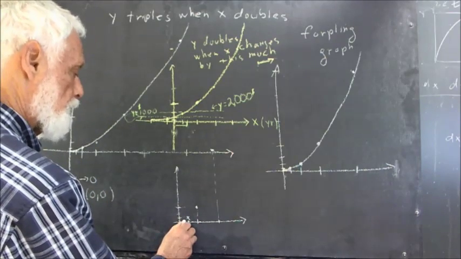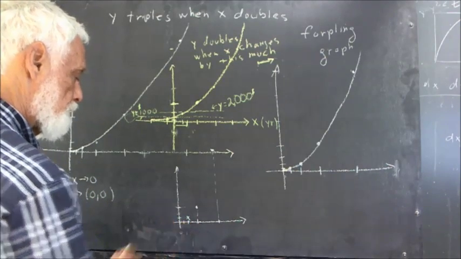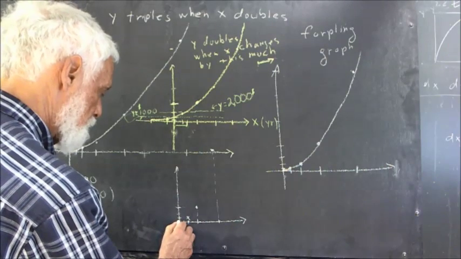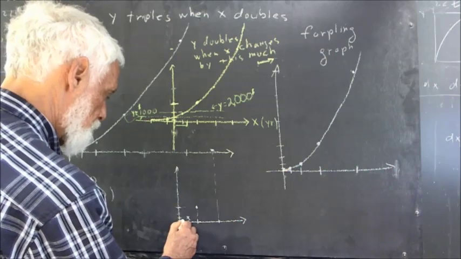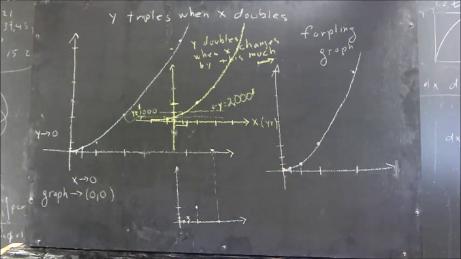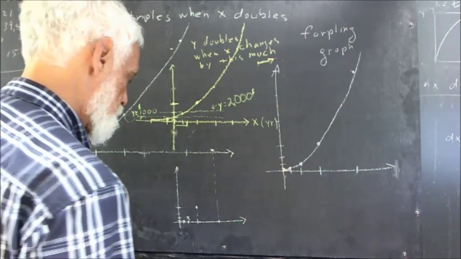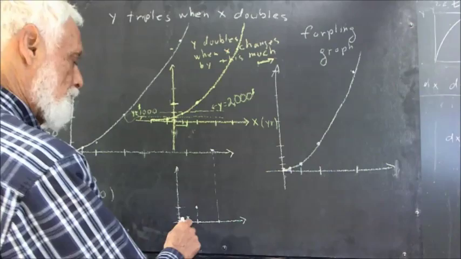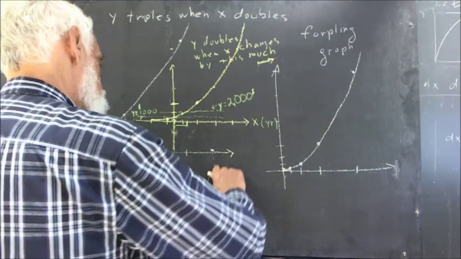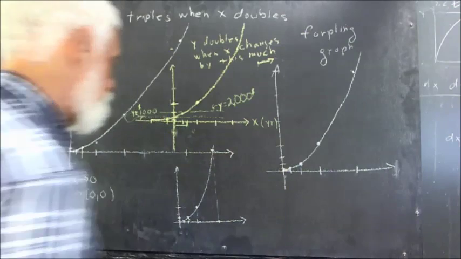And then we cut that in half. And we've got to cut this down by a factor of 4. Well, that's going to get pretty small. That's going to get down really pretty close to the x-axis. Okay? So now what's our graph going to look like? Well, it's going to at least start here and go up here and go up here and go up pretty steeply.